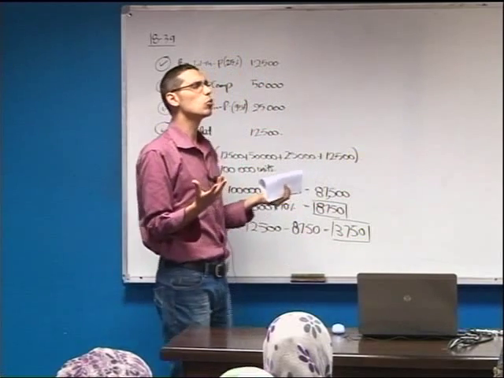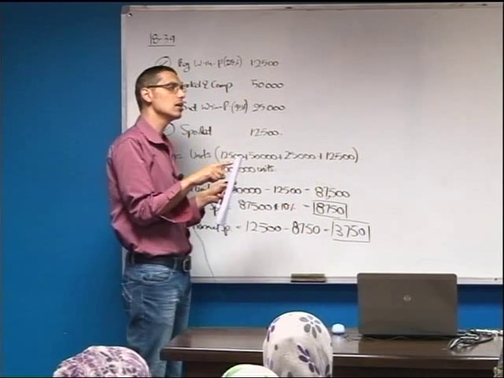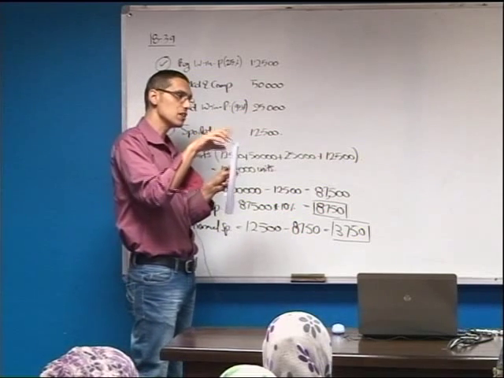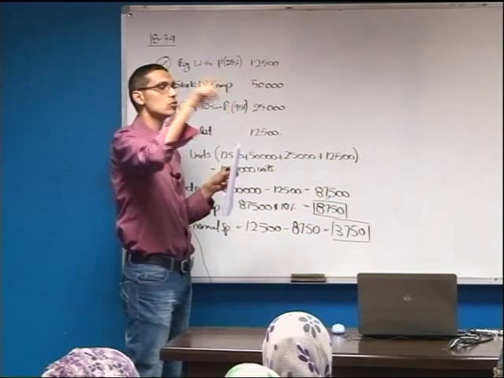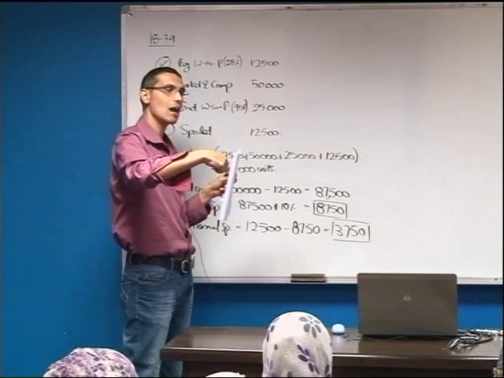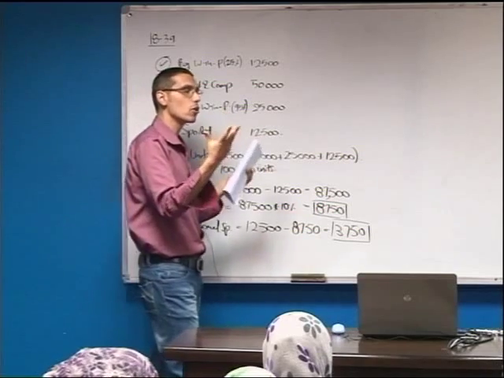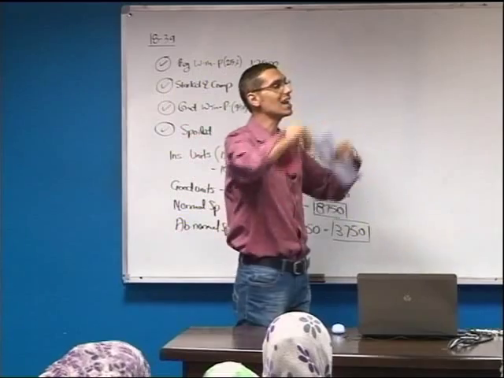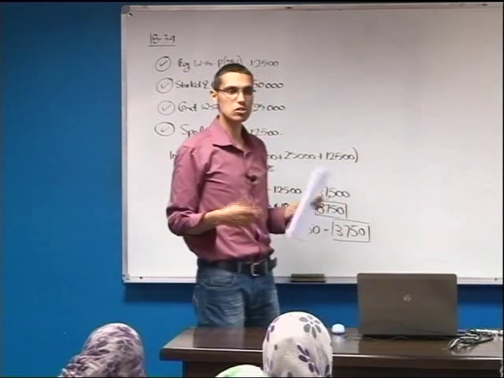So what do you think would be the number of units that will be considered an addition to the cost of the completed units? And what would be the number of units by which the cost will be an addition to the ending work in process? What do you think?